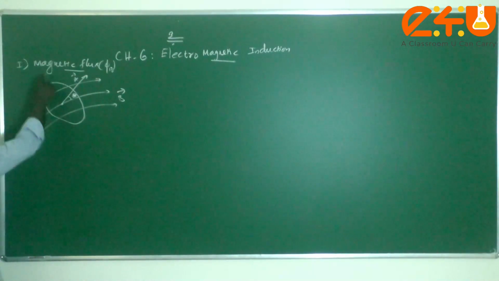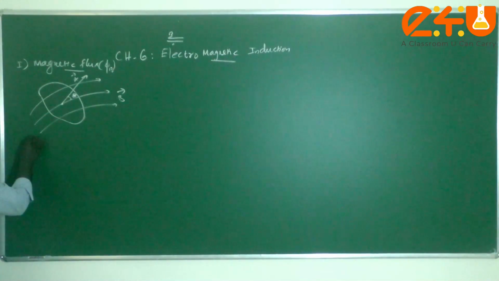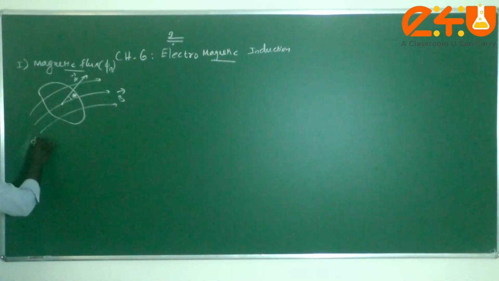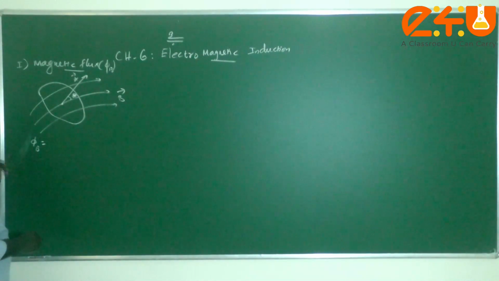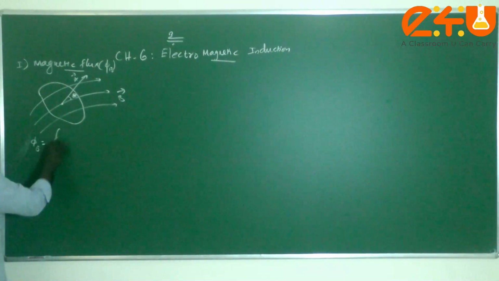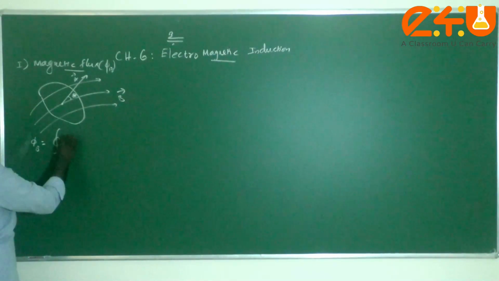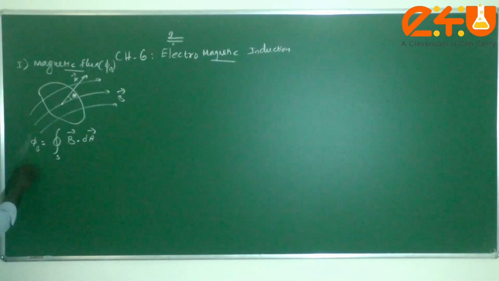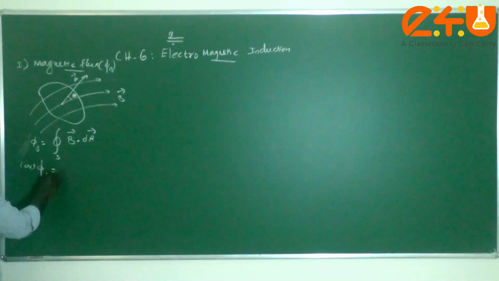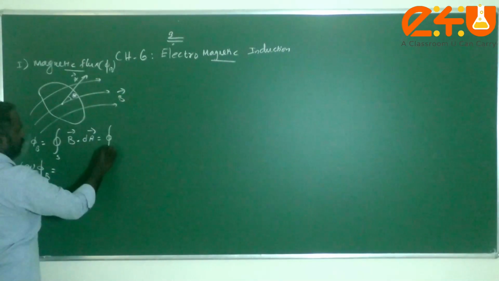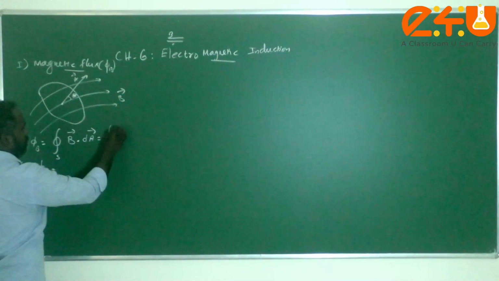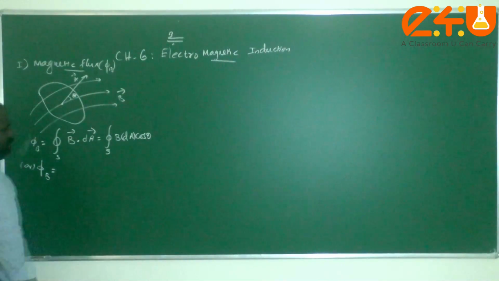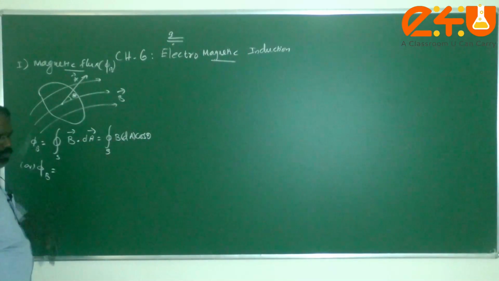Now the magnetic flux can be defined as the integration of dΦ, which we can write as the total flux Φ_B, the magnetic flux. It is the surface integral of B vector dot dA vector, or the same can be written as the surface integral of B dA cos theta, where dA is the area of the smaller portion.